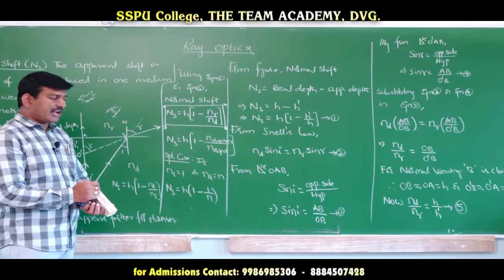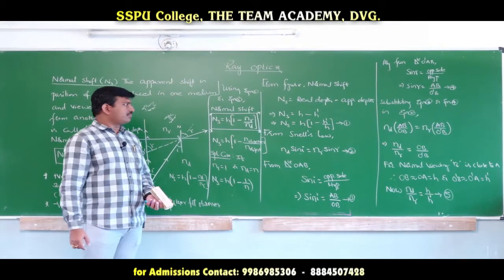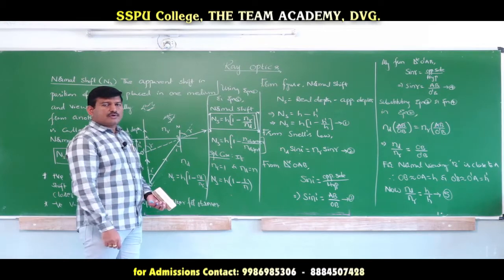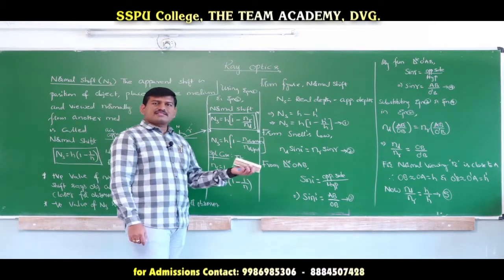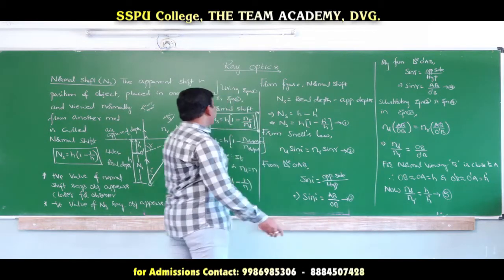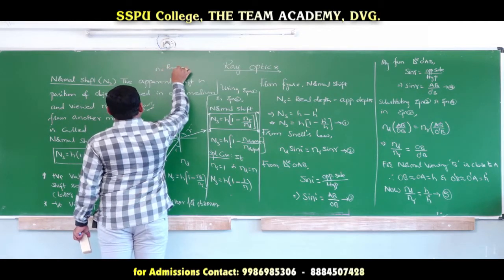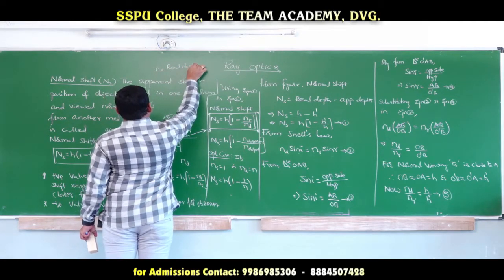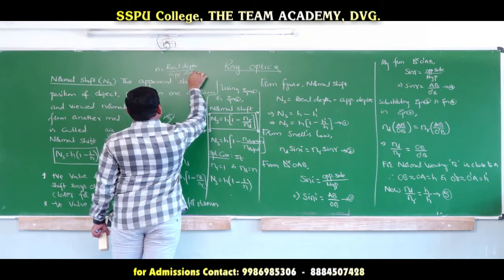Refractive index of the refracting medium is equal to the ratio of real depth to apparent depth. In some books we will be seeing that refractive index n is equal to real depth by apparent depth.